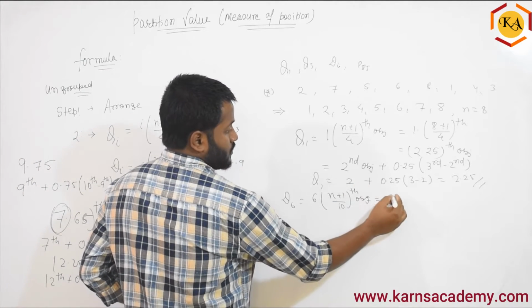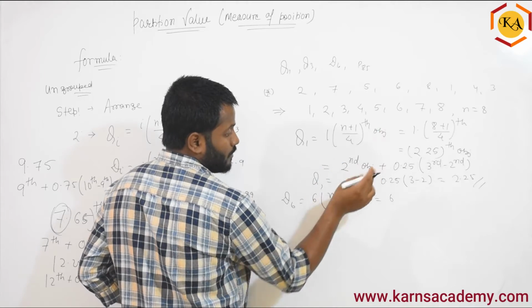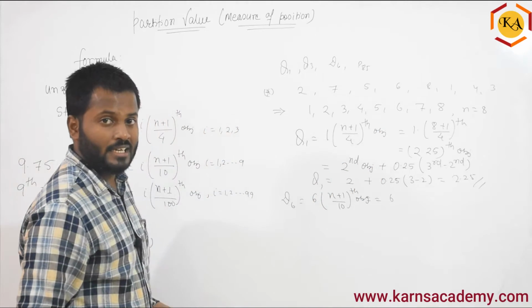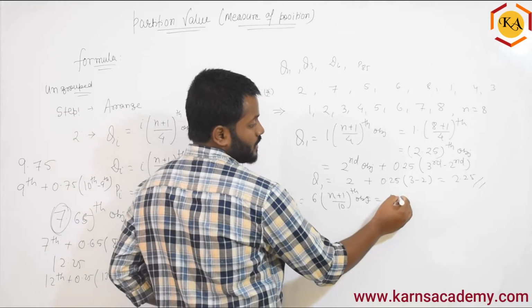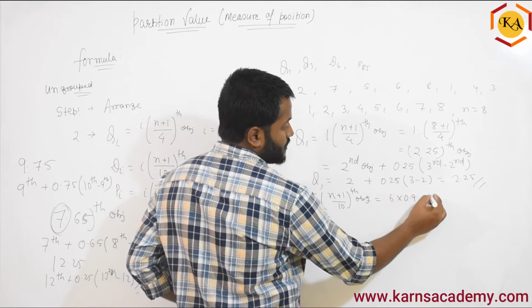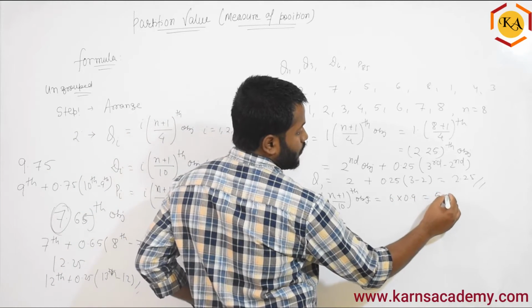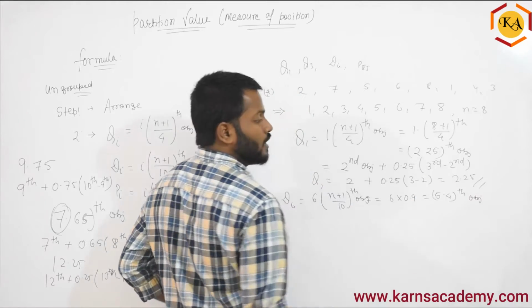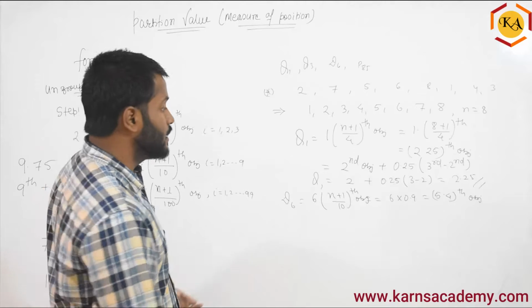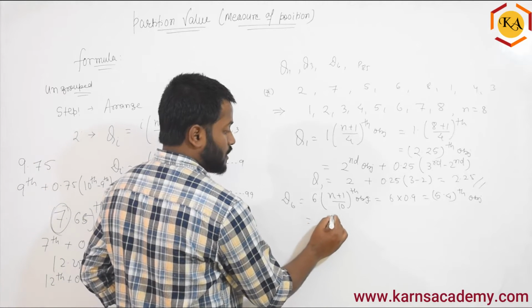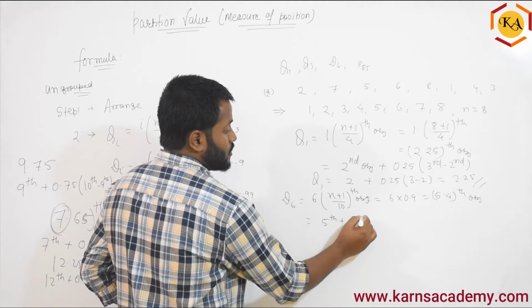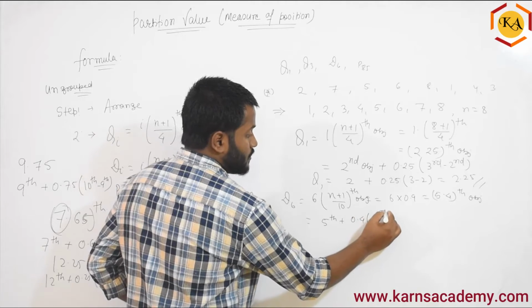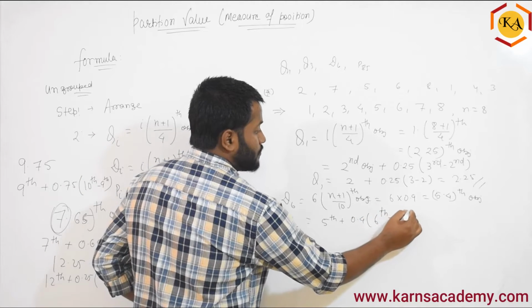So 6 into n plus 1 by 10 is how much? n is 8, plus 1, 9. 9 by 10 is 0.9. So 0.9 into 6, which is nothing but 5.4. 5.4th observation. So again 5.4, how do you write? Very simple, same procedure. 5th term plus 0.4 times the next term, what is the next term? 6th minus 5th.